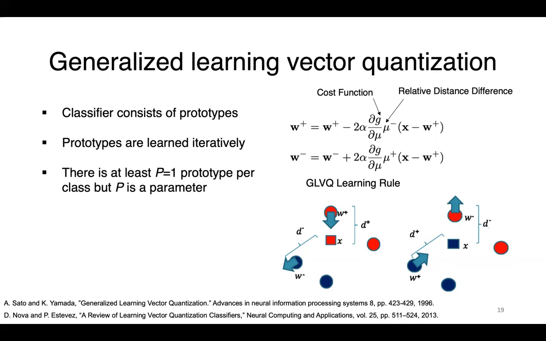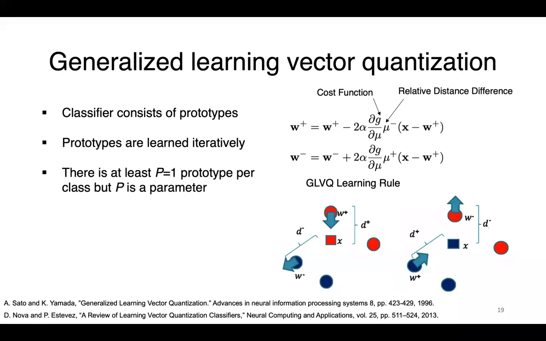So returning to the intRVFL architecture, we want to use a different learning rule to train our projected HD vectors in activation space. We chose generalized LVQ, or GLVQ, for its generalization error bounds and fast convergence guarantees. Right now I won't explain how these guarantees are proven, just so I don't muck through the theoretical details, but you can find proofs or directions to the proofs in the papers that I have cited below.